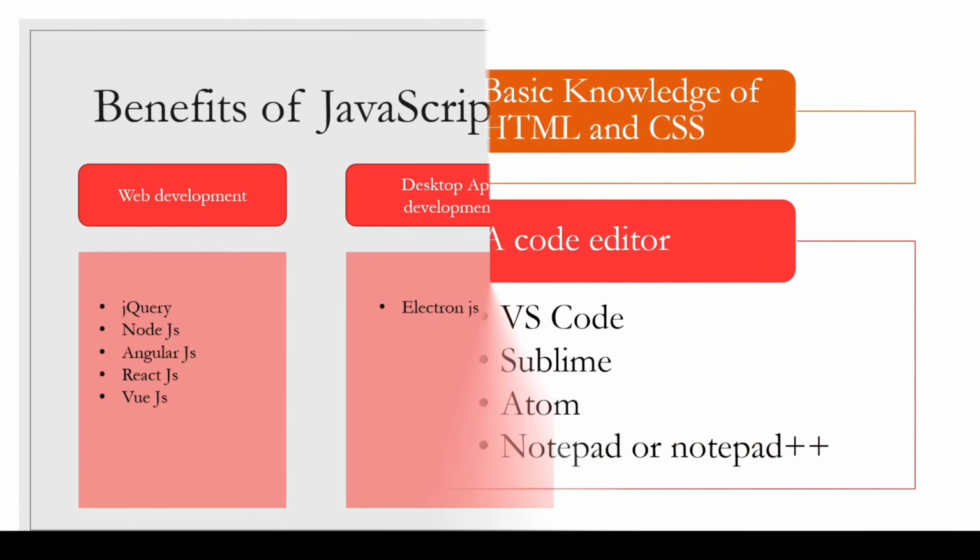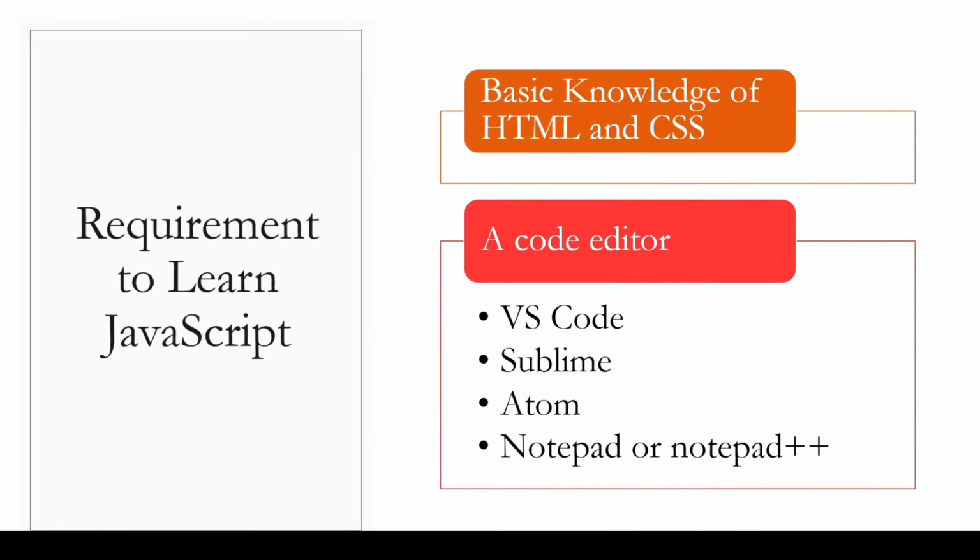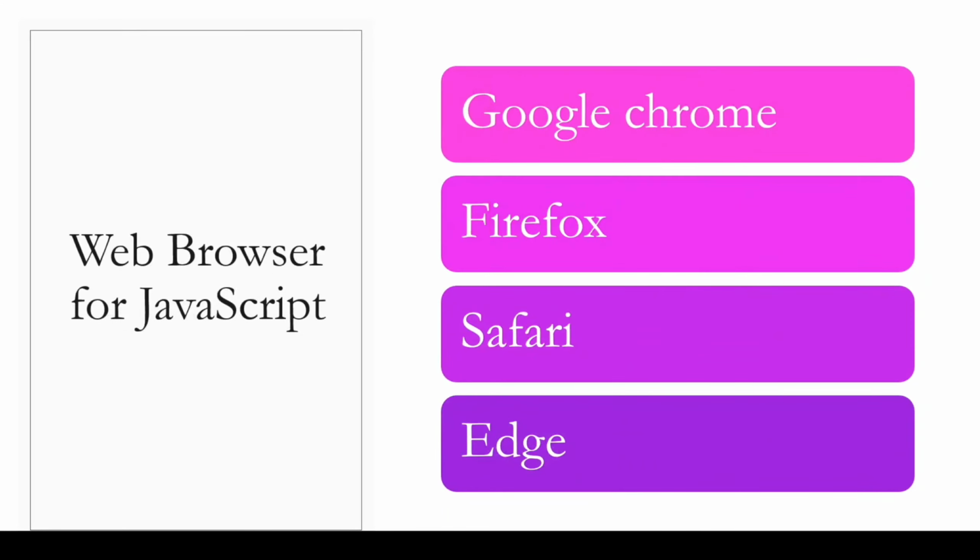Then the requirement to learn JavaScript is basic knowledge of HTML and CSS. If you have any code editor like VS Code, Sublime, Atom, Notepad, or Notepad plus plus, or any kind of text editor, you can do the JavaScript programming. The web browsers for JavaScript are Chrome, Firefox, Safari, and Edge.